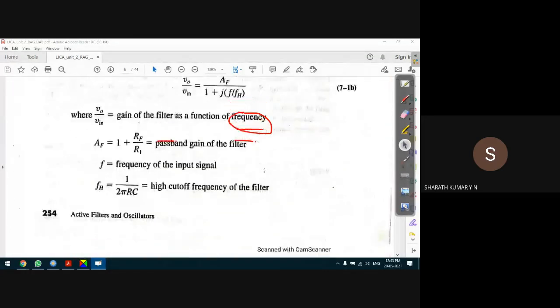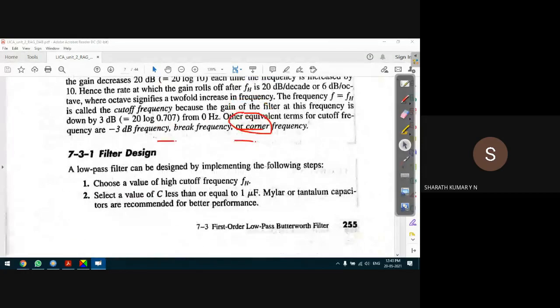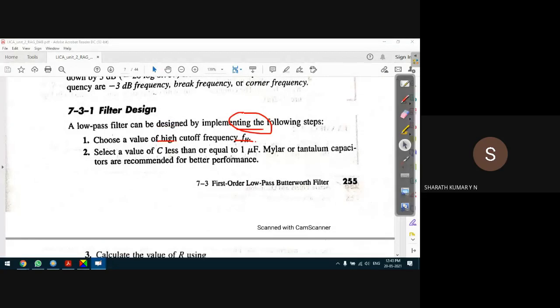The problem with the capacitor is that the larger the capacitor, the more powerful a parameter it becomes. You cannot take the capacitor so lightly. You have to choose the value of the capacitor very carefully. Mylar or tantalum capacitors are recommended for better performance because they have lesser losses.